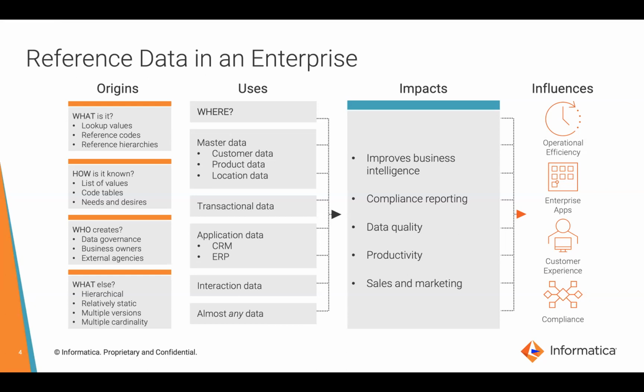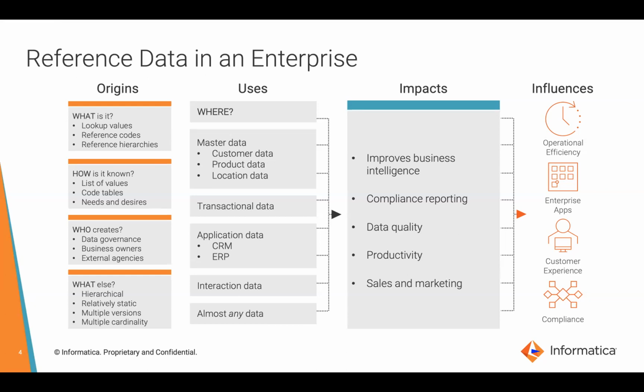The second is master data, which provides a consistent definition of business entities across your multiple IT systems. The third is metadata, which describes the structure of an entity. And the fourth is reference data.